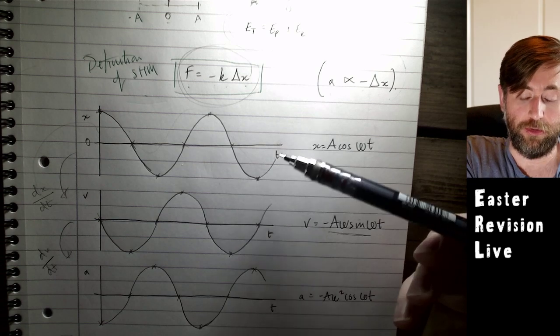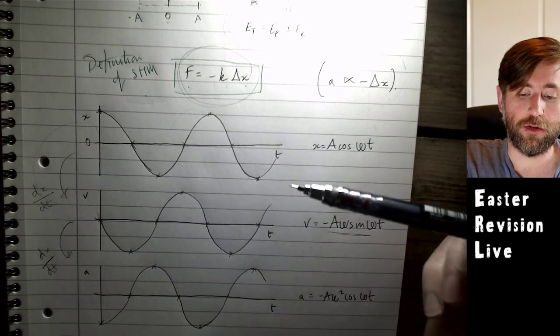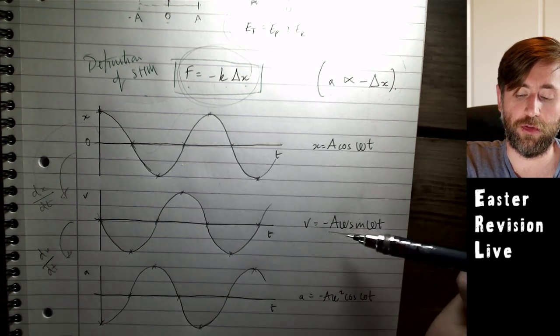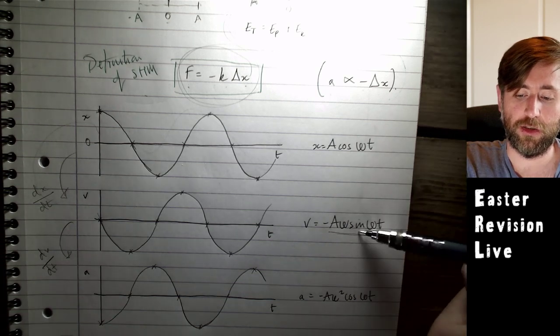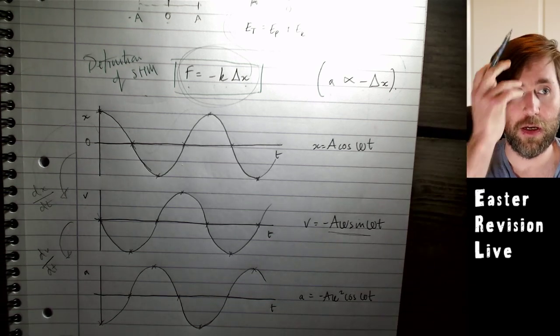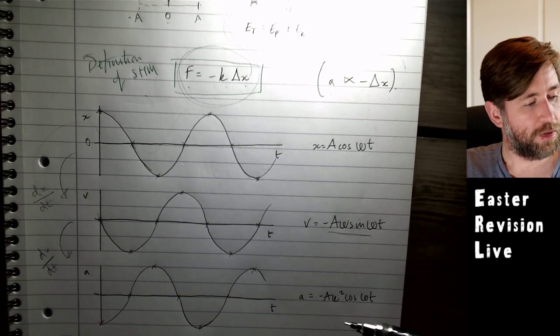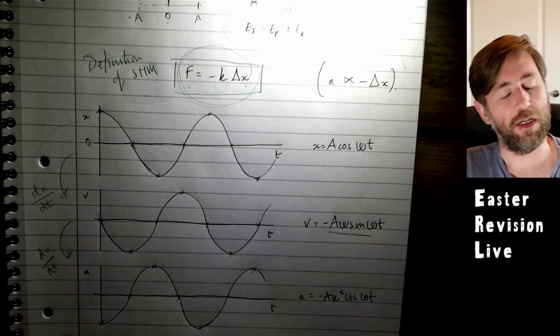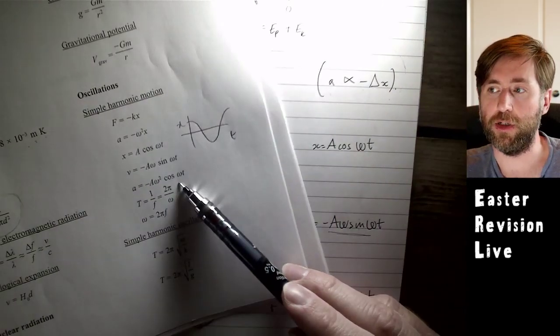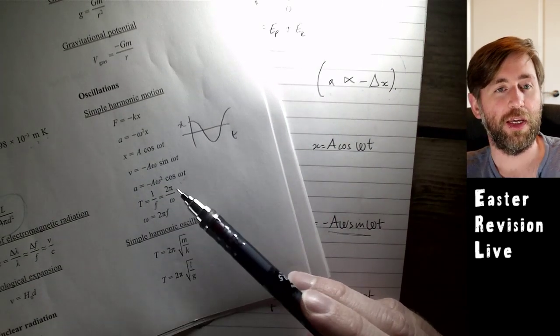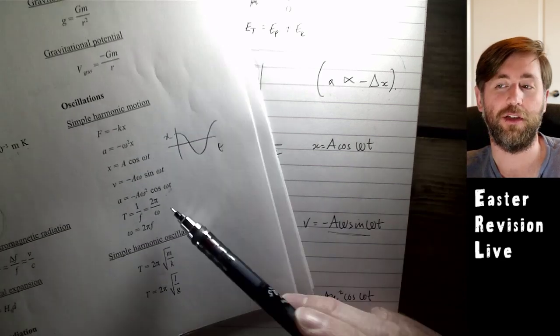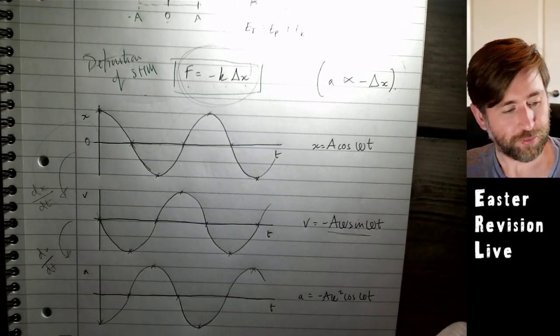If you're completely fluent with these things, you can make sure you know what the differential of cos is and the differential of minus sine is. Okay, this is now a negative cos graph. Or you can just remember these things as being related to those equations for simple harmonic motion that they give you in the specification, in the equation sheet.